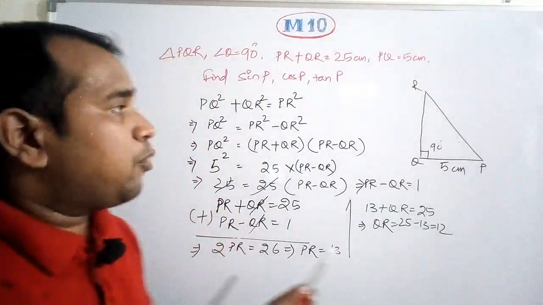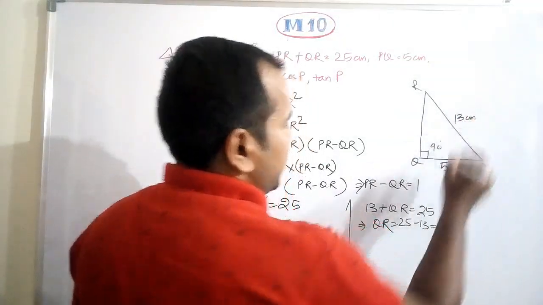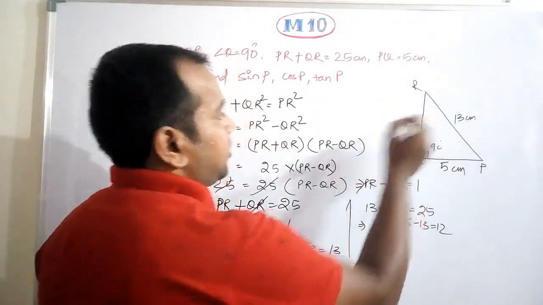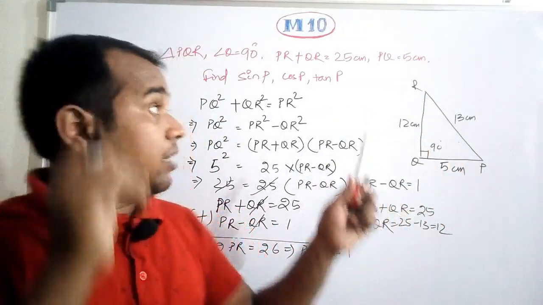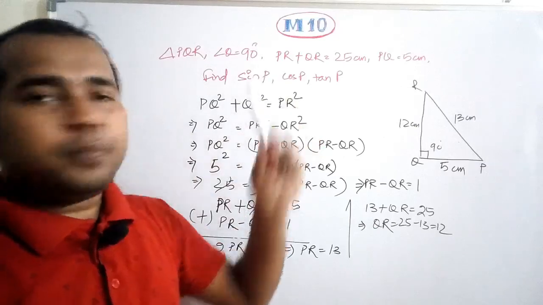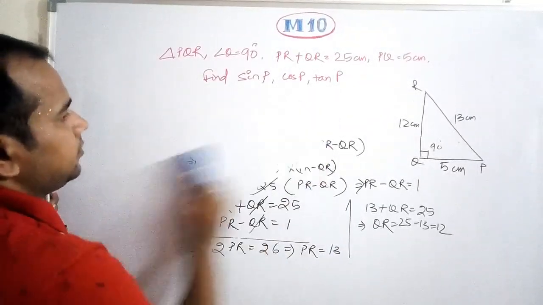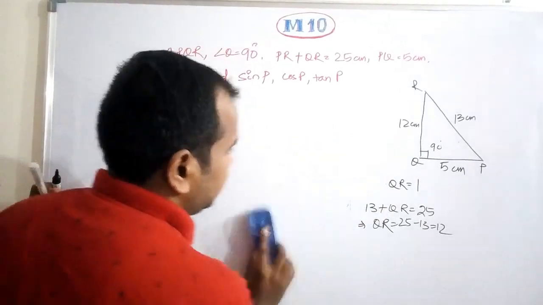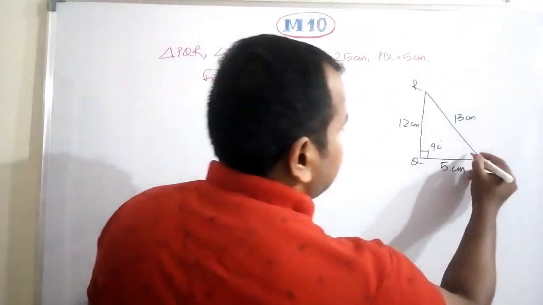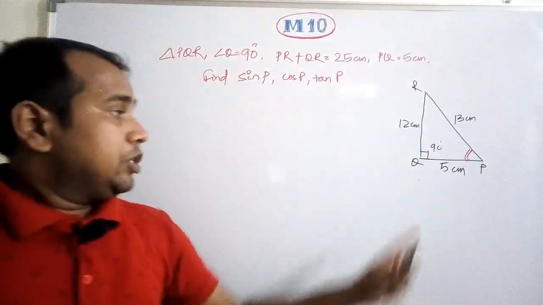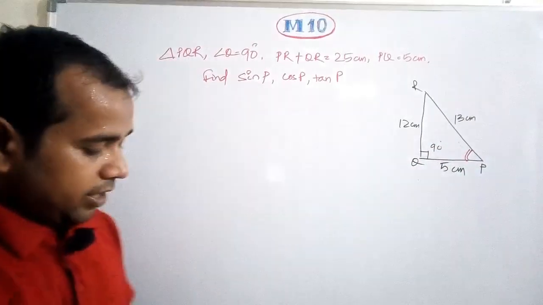Now you have got the values of all the sides. PR here is 13 centimeter and QR is 12 centimeter. Now you can easily find out sin P, cos P and tan P. As this is considered the given angle, this should be the base, this should be the perpendicular and this should be the hypotenuse.